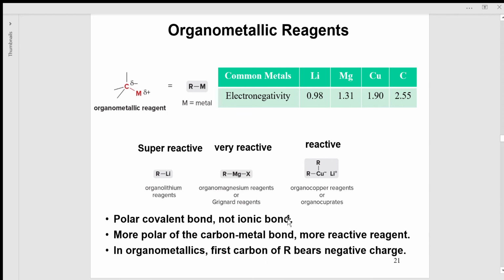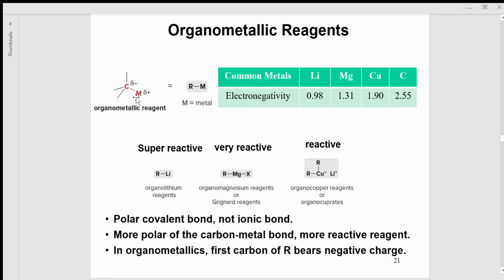Alright, we just finished the reducing and oxidation reactions. The next part of this chapter is about organometallic reagents. From the name you can guess: that's the organic part, metallic, that's the metal part. This is a generic structure: a carbon, that's organo, and the metal.